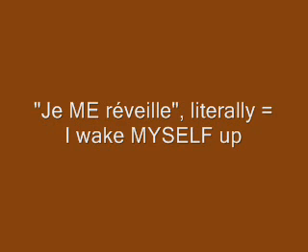Because if you say in French I wake up, it can mean that you wake someone up or you wake yourself up. So you don't want to leave it too ambiguous. So you say je me réveille, to make sure that you're talking about yourself. Anything you do to yourself, make sure you use a reflexive pronoun before the verb. And we will know what these reflexive pronouns are.